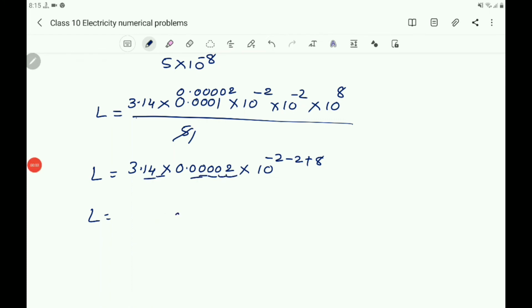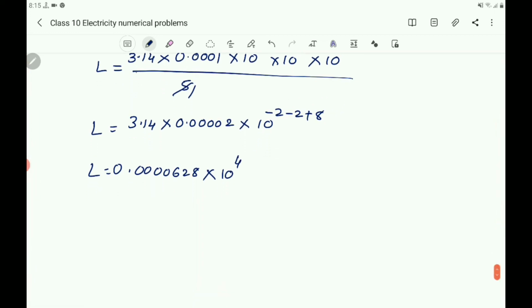Then it is 628, and you must have the 7 digits, 4567.0 into 10 power minus 2 into minus 2 minus 2 minus 4 plus 8 is 4. Then it becomes L equals 10 power 4.